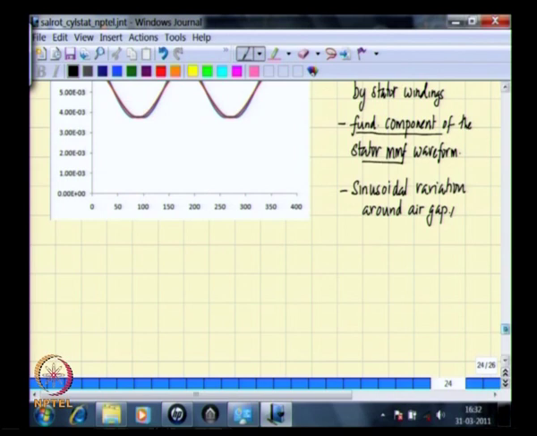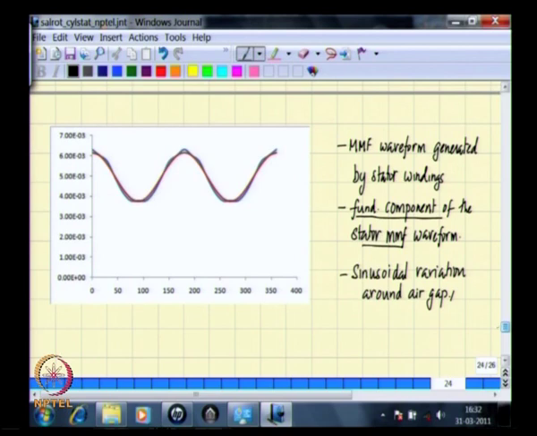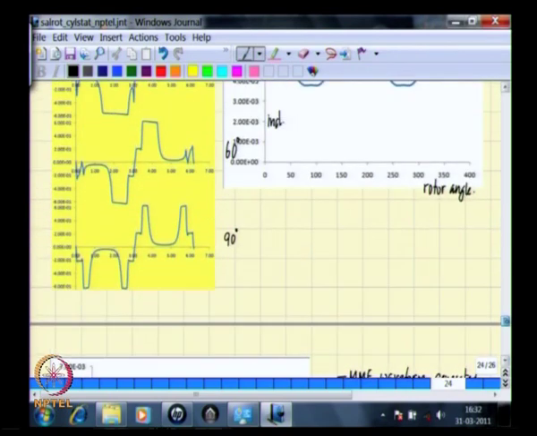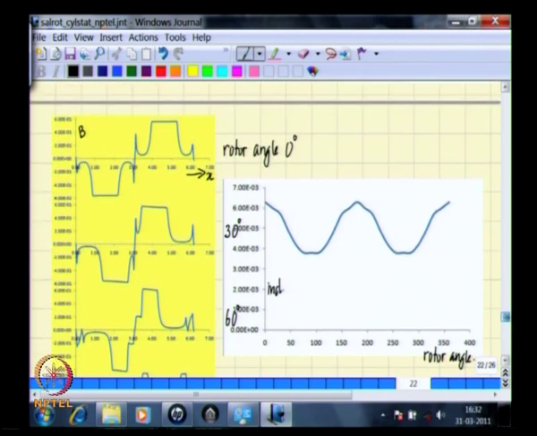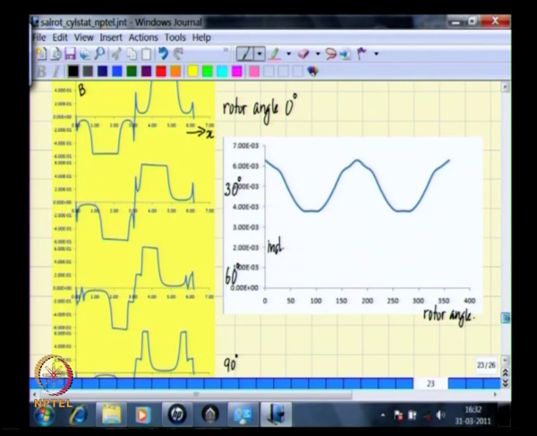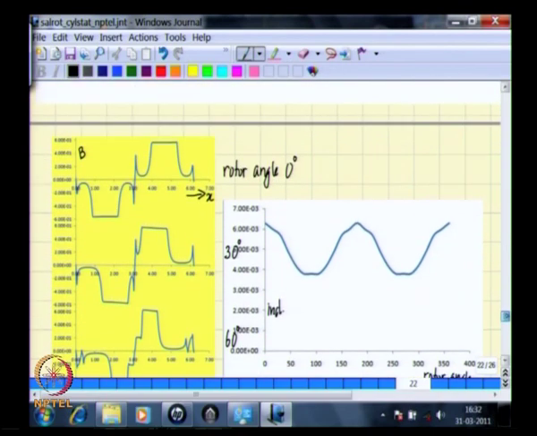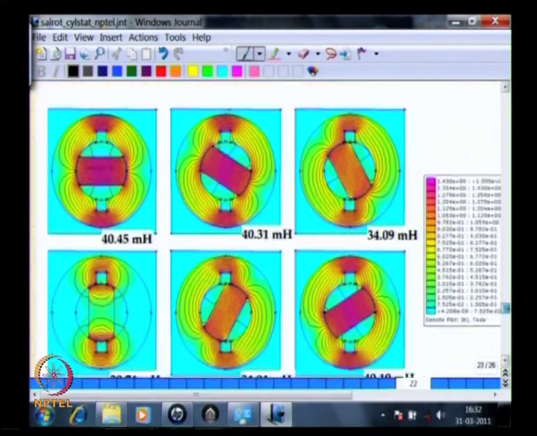Now what? Where does the sinusoidal MMF act? As the rotor is going to rotate, we find that the air gap that the MMF is going to face will change. So, let us look at this picture.